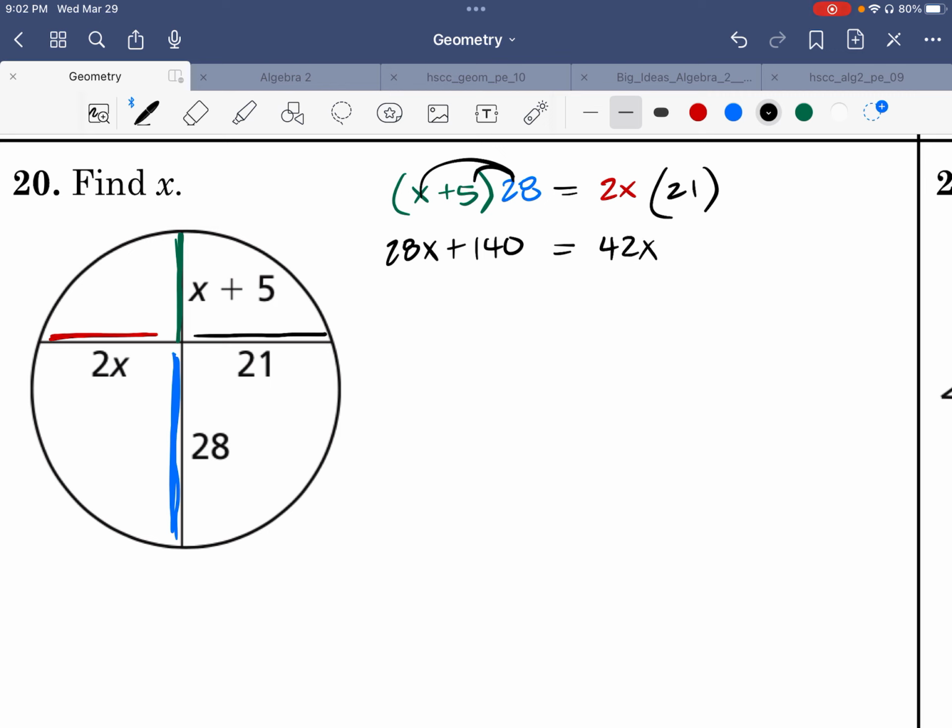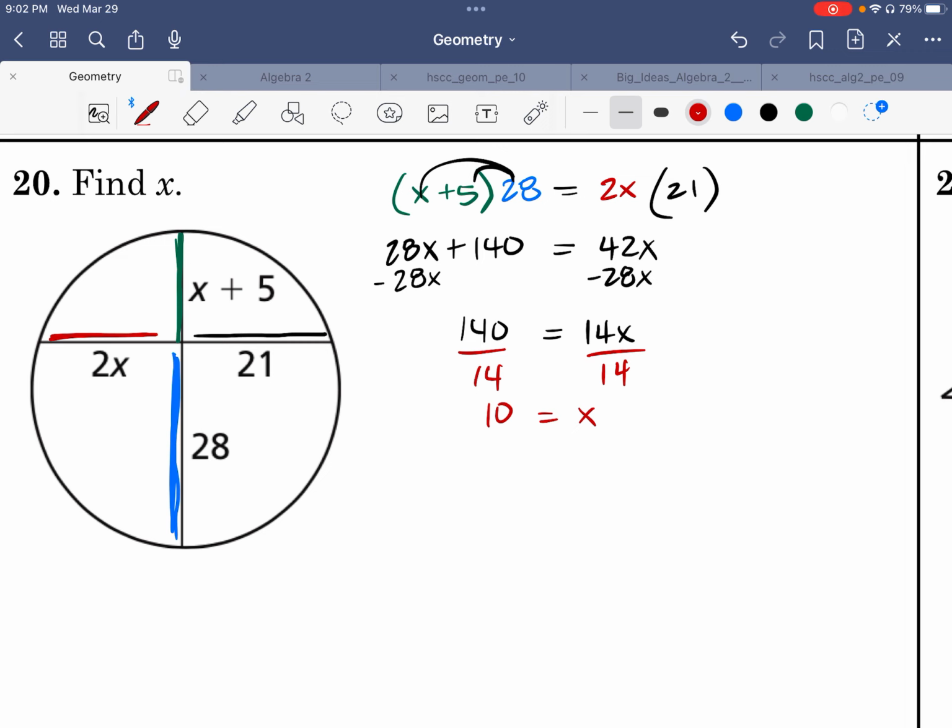We're going to get the x's all onto one side, so we're going to get rid of the 28x over here, and this gives us 140 is equal to 14x. Well, it's kind of nice. Dividing both sides of the equation by 14, we find out that x is equal to 10. And we have our first segments of circles solution.